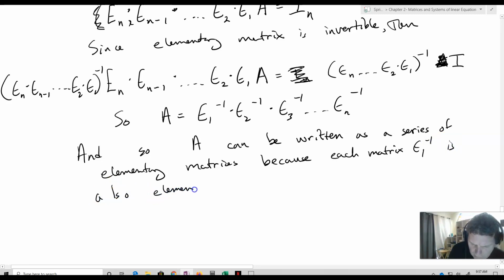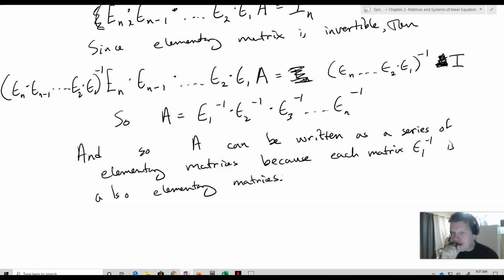So the inverses of elementary matrices are also elementary matrices. That's actually a really important point. The inverse of each elementary matrix is also going to be an elementary matrix. Nice.